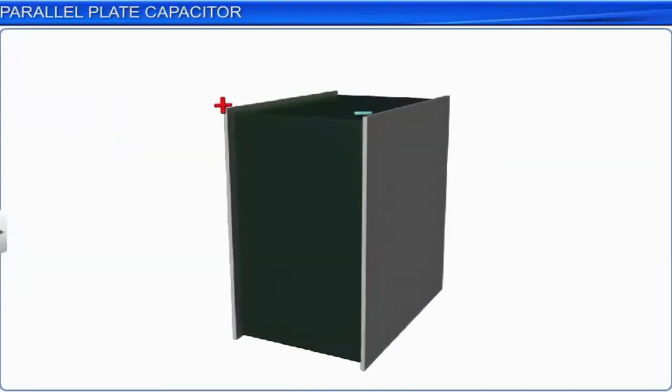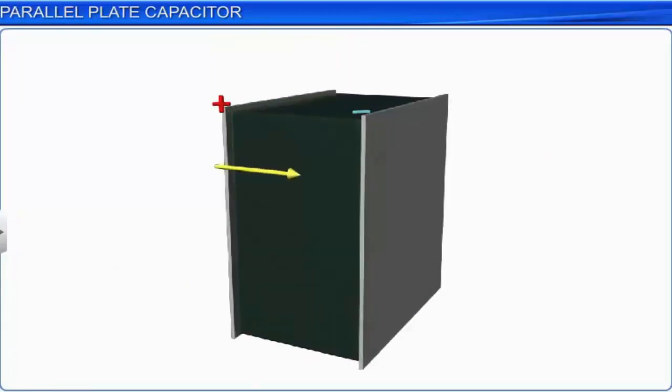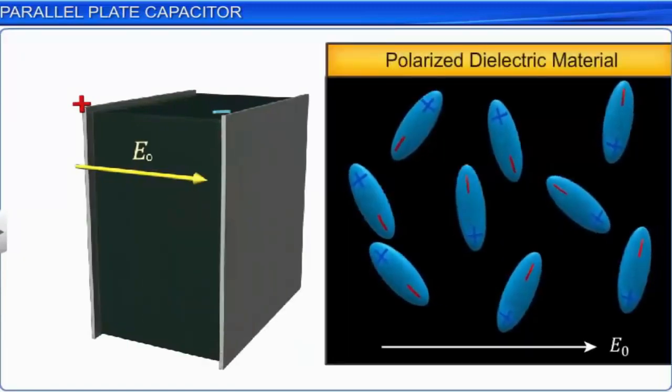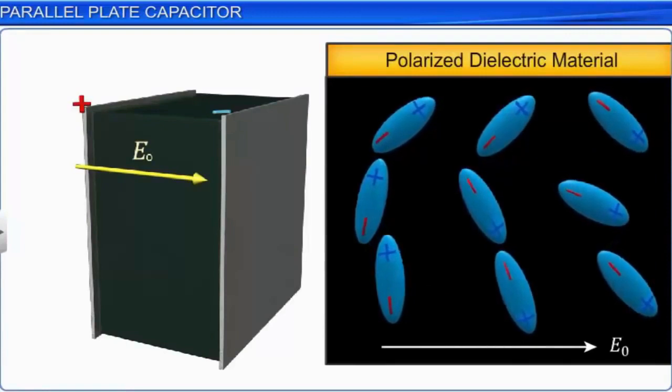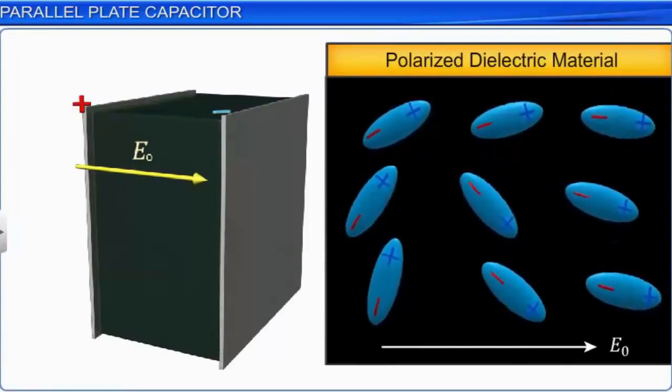After disconnecting the charging battery, let a dielectric medium fill the intervening space between the plates of the capacitor. The dielectric medium in between the plates will now be in the presence of the electric field in between the plates. We know that when a dielectric medium is in an external electric field, it is polarized.